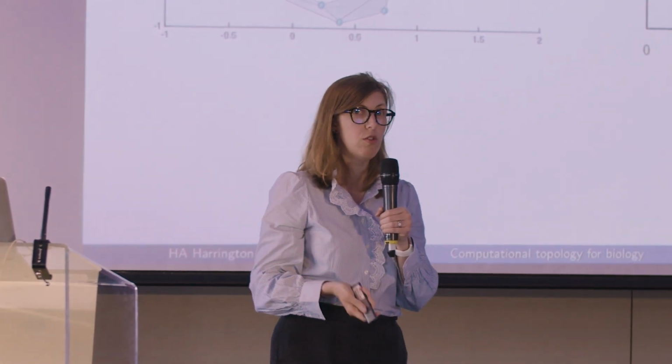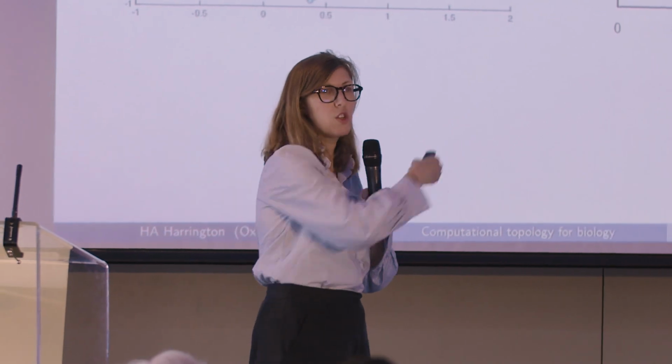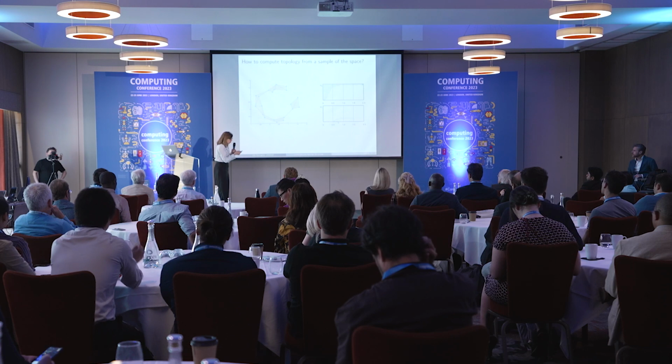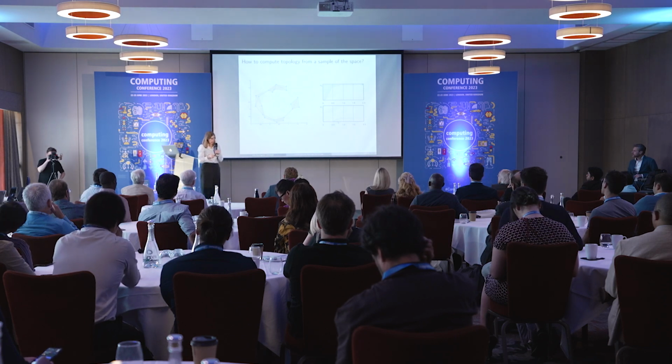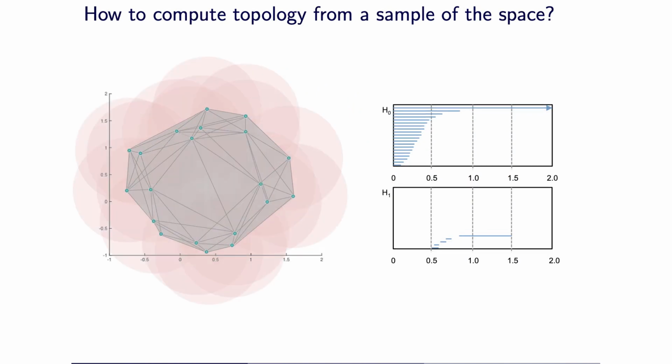So this is a descriptor of your data, and you can think of it as some type of dimensionality reduction, where I can interpret the features here. Okay, and then we can continue along this epsilon until everything is filled in, you get a complete complex.